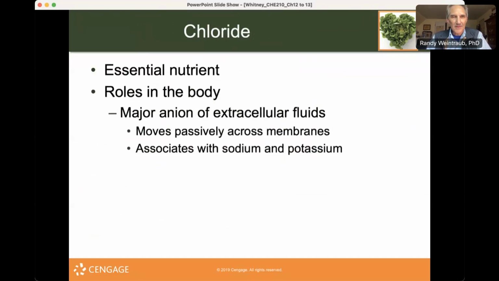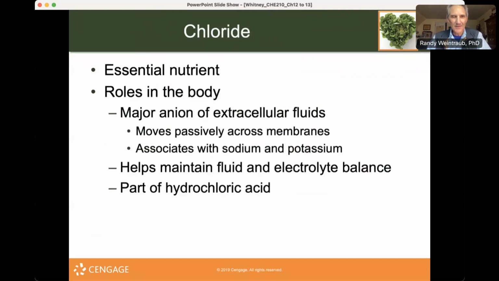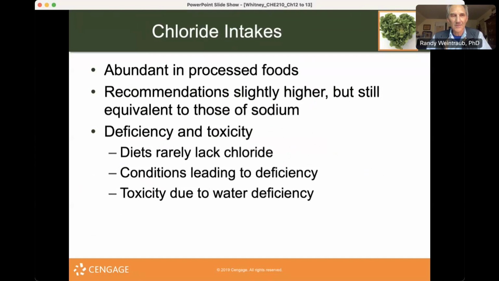Okay, chloride, it's also essential. You can think of where that is. It has a major role balancing, as the anion, the negative ion, in extracellular fluids, and maintains our electrolyte balance. It's also part of HCl, hydrochloric acid, that important component in the stomach, helping digest protein, and also involved with intrinsic factor and absorption of vitamin B12.